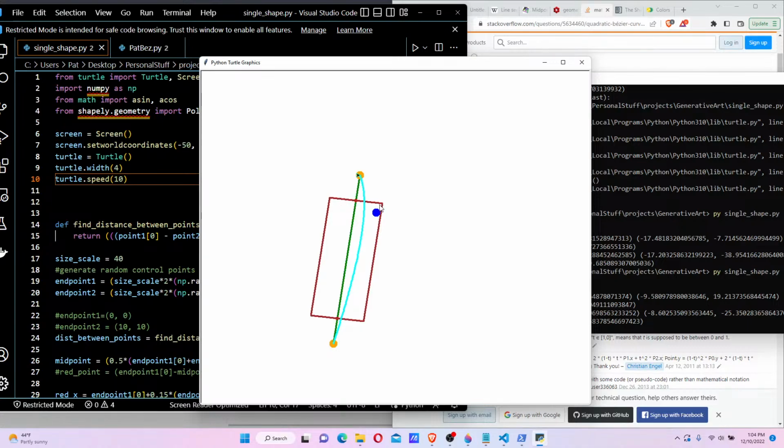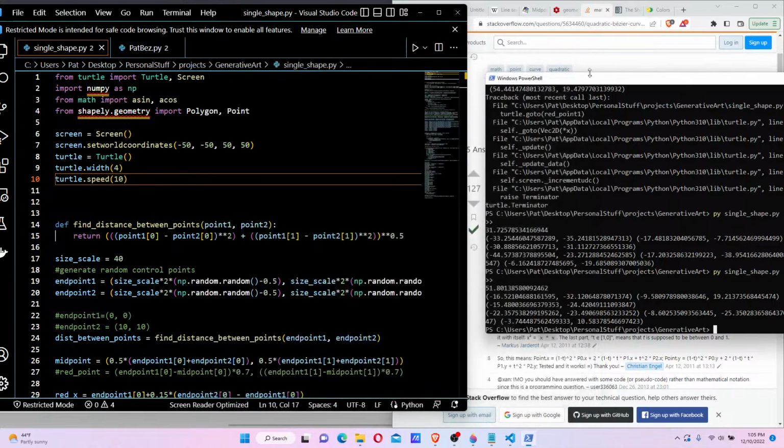This perpendicular length right here changes according to how vertical the green line is. So if the green line's perfectly vertical, it's tiny or nothing, and if the green line's perfectly horizontal, it's very large or infinite.